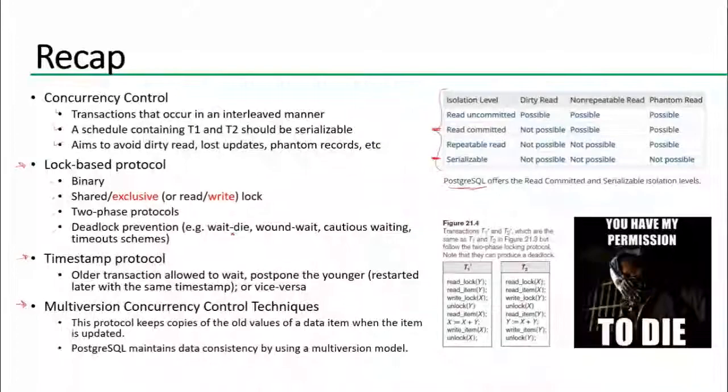You queue some transactions to avoid some problems. You allow some transactions to die and restart later. You use timestamps for that, and there is a protocol based just on timestamps, and multiversion concurrency control, which is used in Postgres.